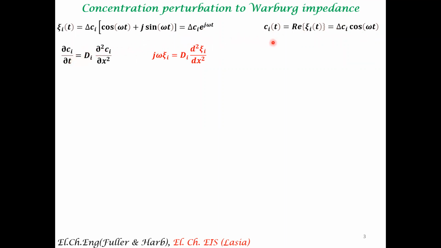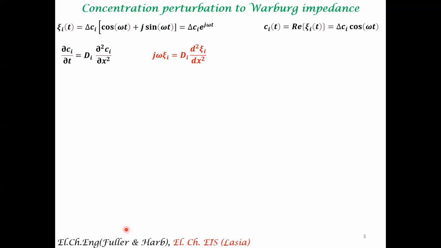Representing these variations in the form of complex numbers has significant advantage, as we have mentioned in the past, in the sense that all the differential operations can be converted to algebraic forms, which makes the solution procedure very easy, right? So we have already used this kind of procedure in the previous lecture. Please refer to that.